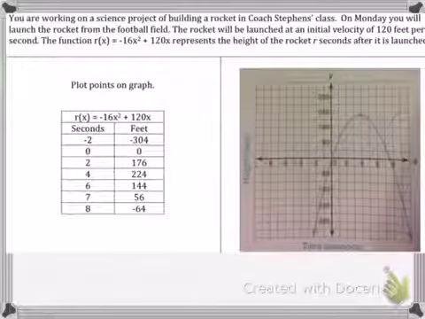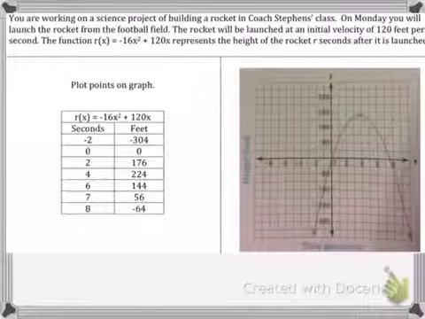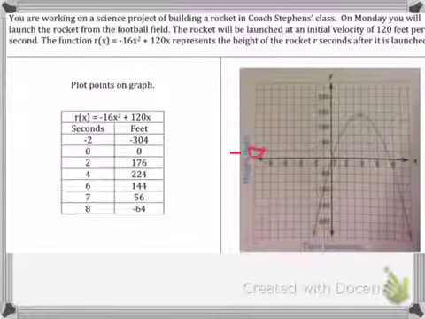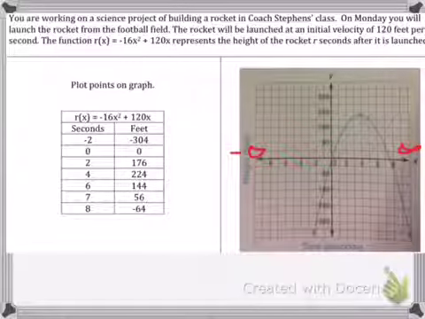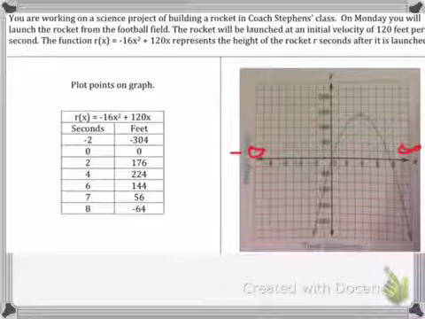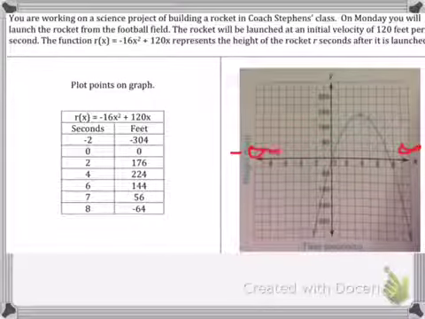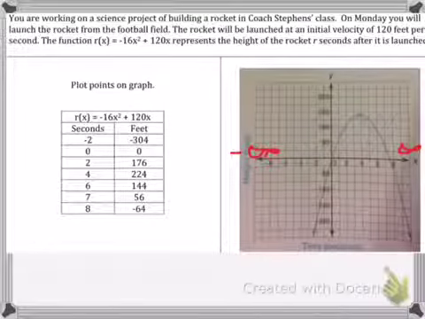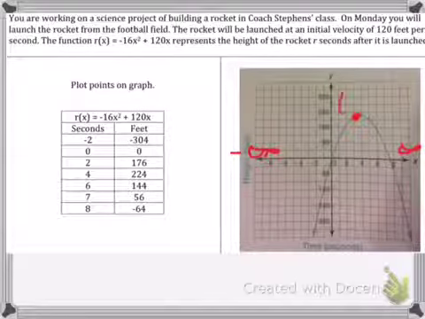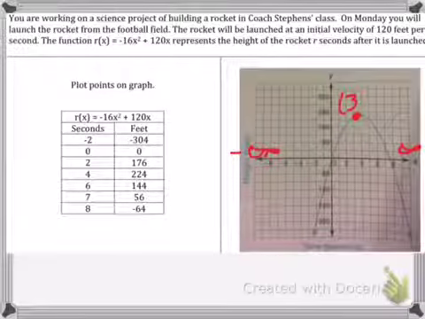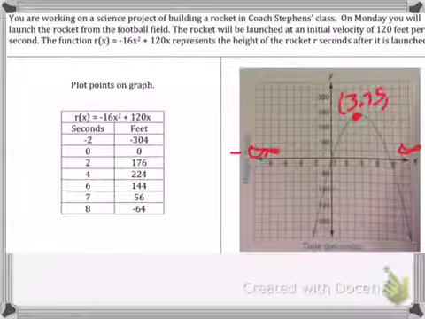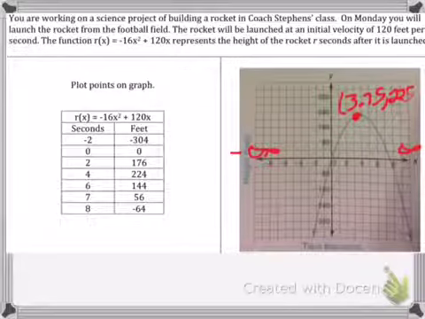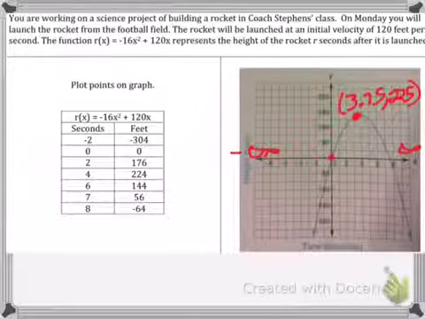We know the domain goes from left to right, from negative infinity to infinity, so we'll label our graph. Then our point up here, 225, and then let's label our points.